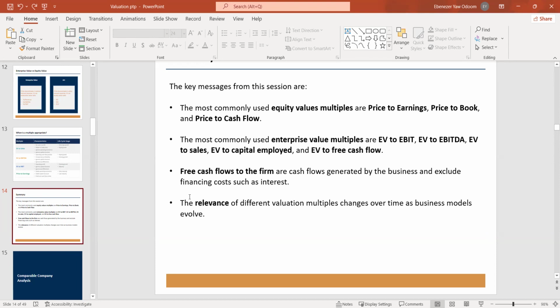So one thing I can tell you is that, for instance, if I am valuing a bank, even though discounted cash flow is widely used for most businesses, I am not much concerned about it. In fact, relative multiples work much better for me than discounted cash flow in valuing a bank.